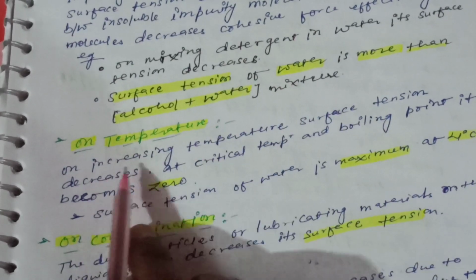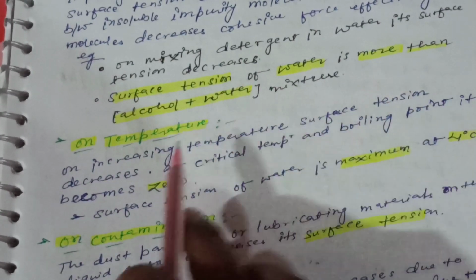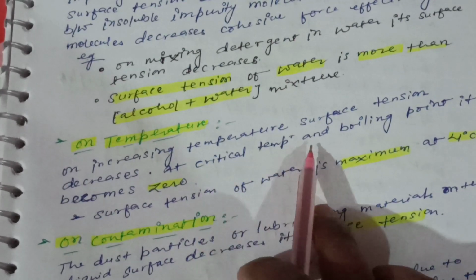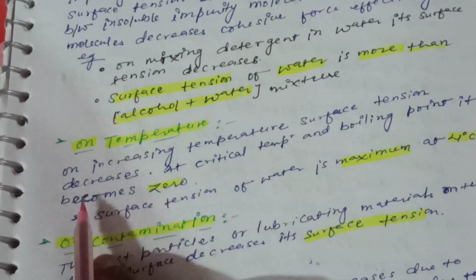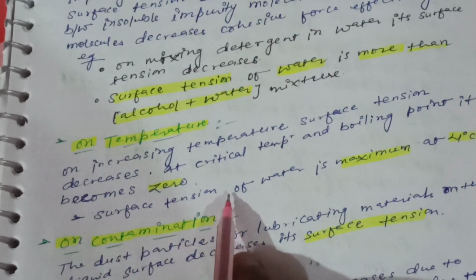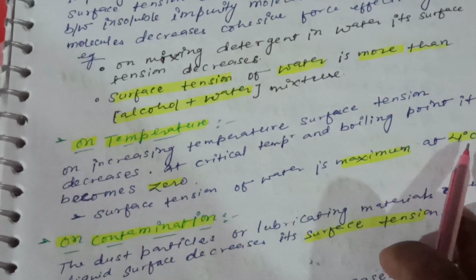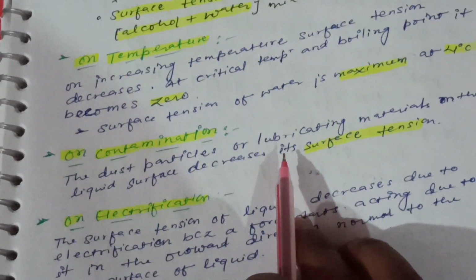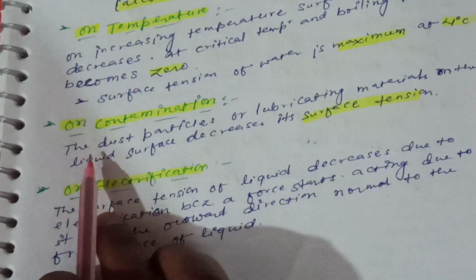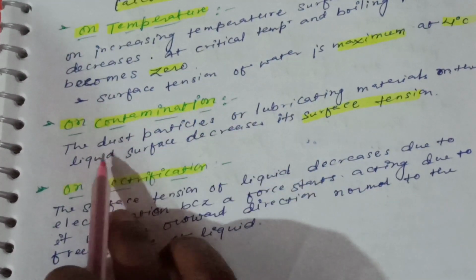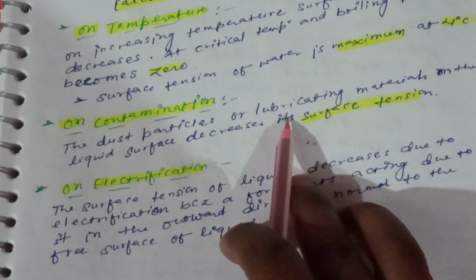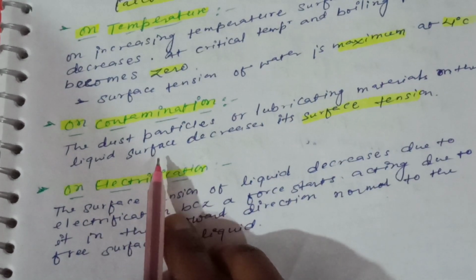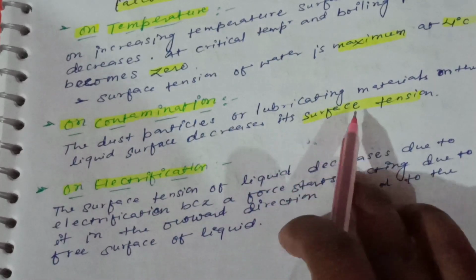On temperature: on increasing temperature, surface tension decreases, and at critical temperature and boiling point it becomes zero. Surface tension of water is maximum at 4 degrees Celsius. On contamination: dust particles or lubricating materials on the liquid surface decrease its surface tension.